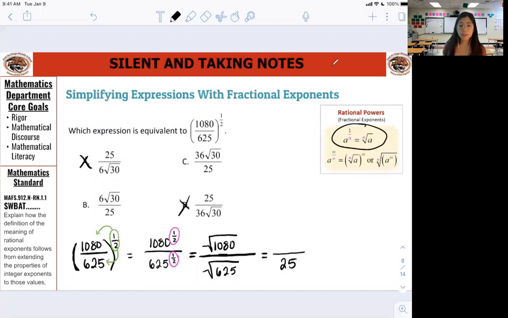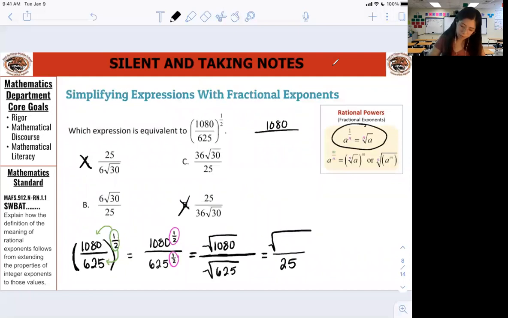Now, remember, in order to simplify, we need to think of factors of 1080. It's a little bit tricky. That's not an easy number to think of. But let's see what we can come up with. Try it out on your calculator, trial and error. See if there's any. 540 times 2.